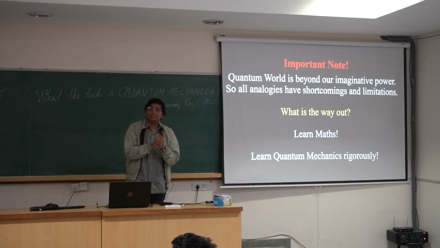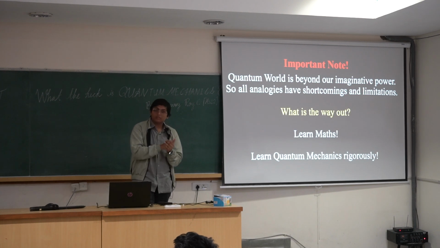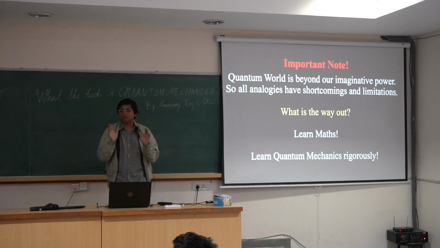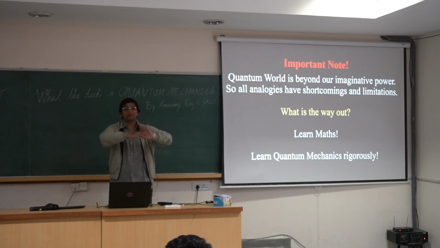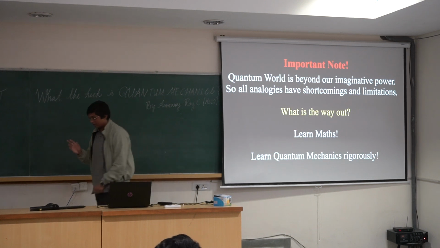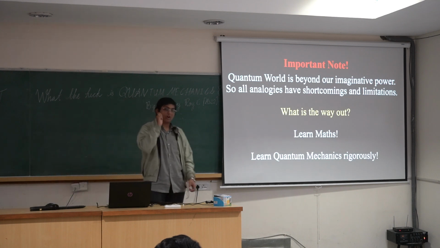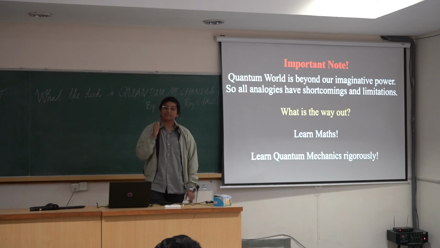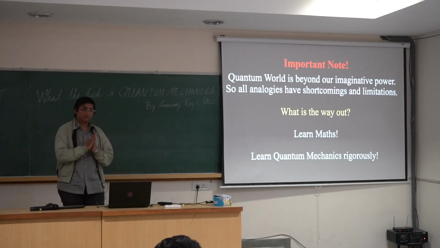But again, remember, I have stated this multiple times: it is impossible to visualize or imagine the quantum world, because our intuitions and imaginations are based on the classical world, on classical ways of thinking. So every analogy will have shortcomings and limitations. That's something very important. What's the way out? Learn maths. That's the only way out.